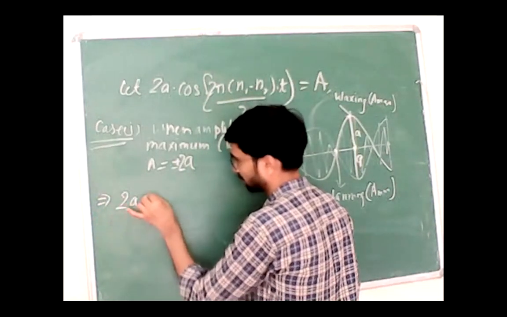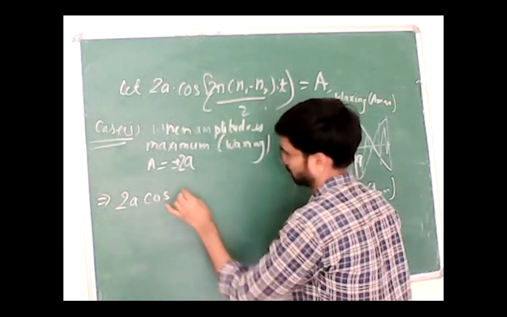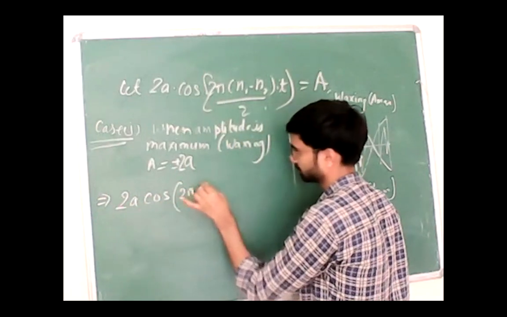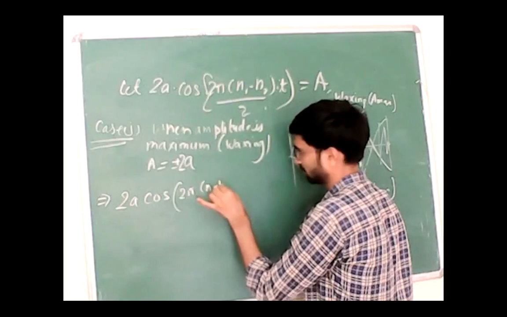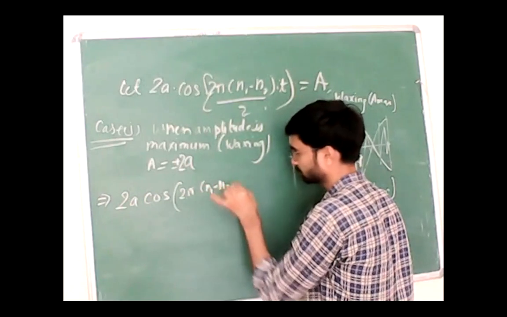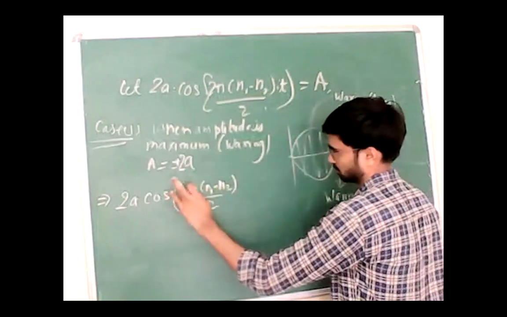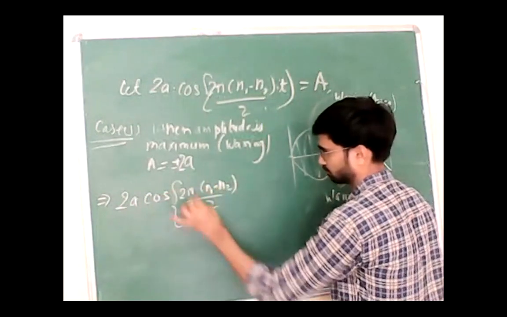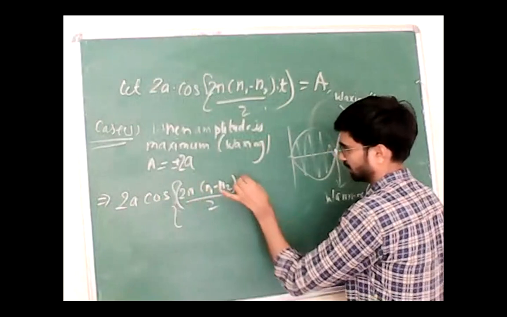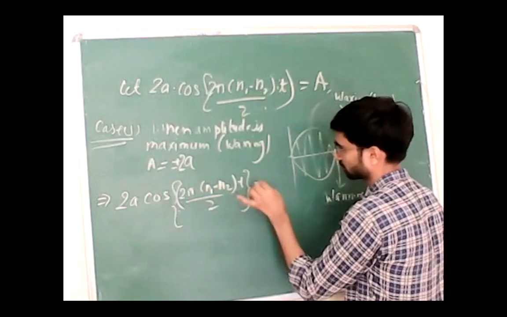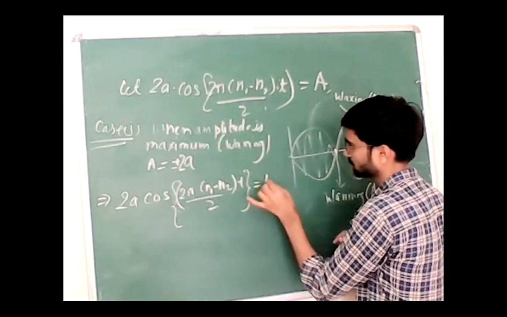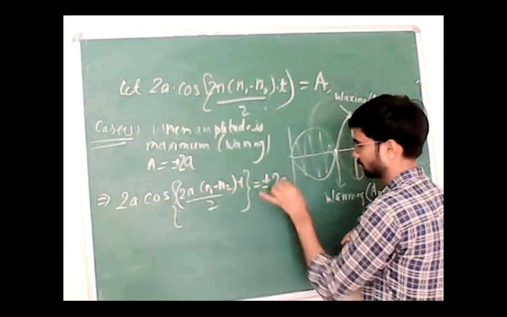Now if I substitute this value over here, then I will get 2A cos 2 pi (n1 minus n2) divided by 2 into t equal to plus or minus 2A.